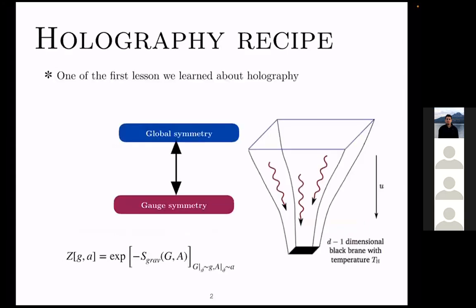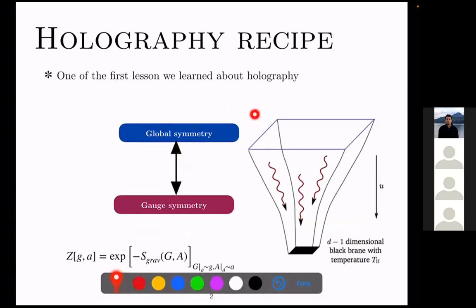So okay, this is the premise I want to tell you about. If you want to do AdS/CFT, which I assume you already know a lot about, so I'm not going to go through the details and derivation, the first lesson we learned about holography is that if you have some global symmetry of some field theory living at the boundary, then you can map it to the bulk, the gravity side, by making those global symmetries gauged.